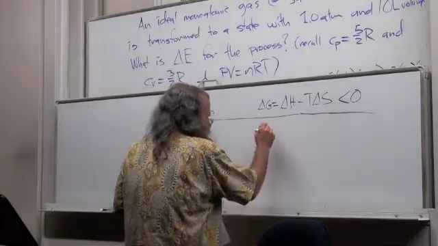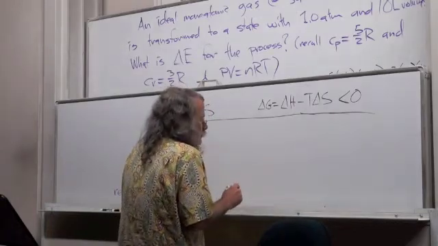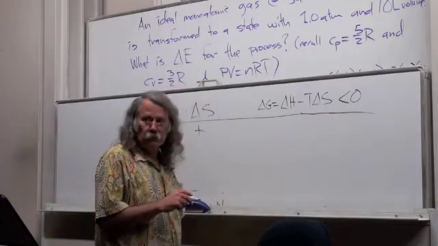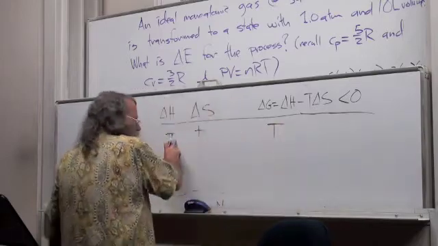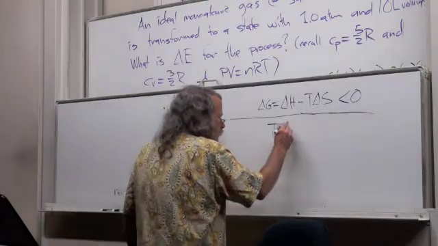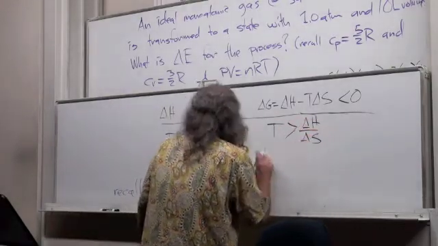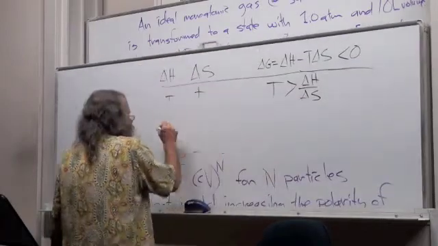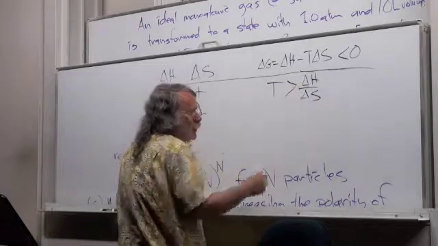T is greater than H. It's supposed to be a T. So this is going to be negative if this is positive, for T greater than delta H over delta S. Now, if this is positive and this is negative, when is this ever less than 0?